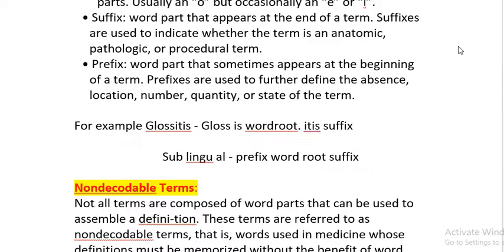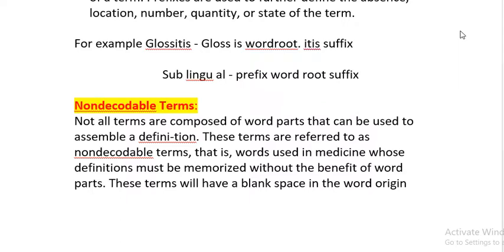Now we are going to learn a few examples of those things. For example, glossitis. Glossitis means inflammation of the tongue. If you observe glossitis, here gloss is the word root as we learned previously, and itis is a suffix which means inflammation.